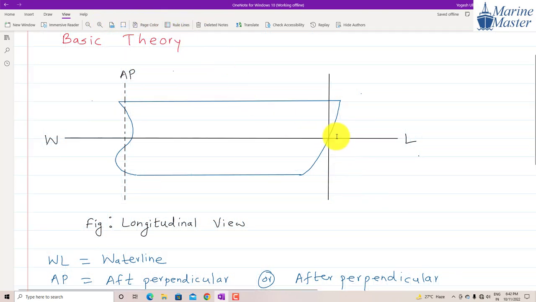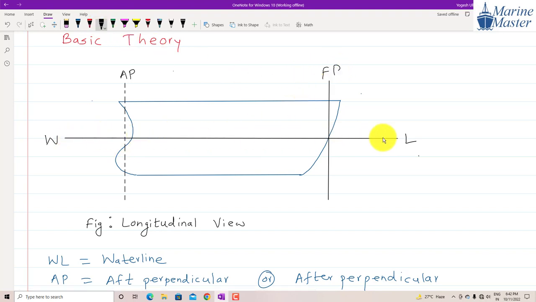So what does this line denote, guys? This line denotes FP. Let me write down FP properly.